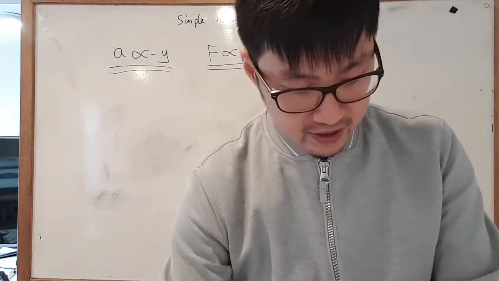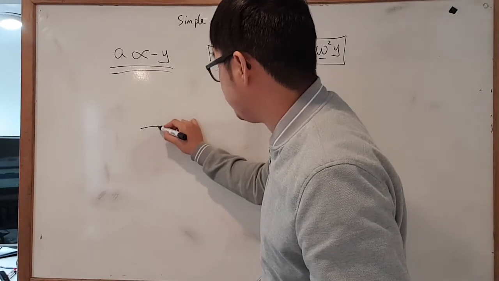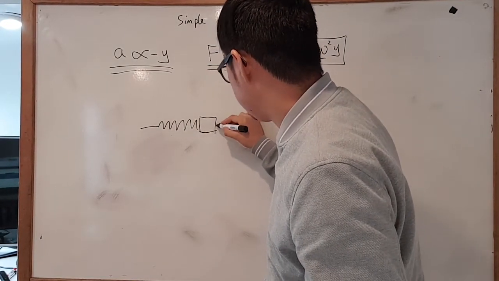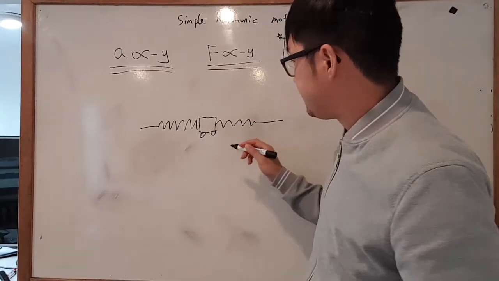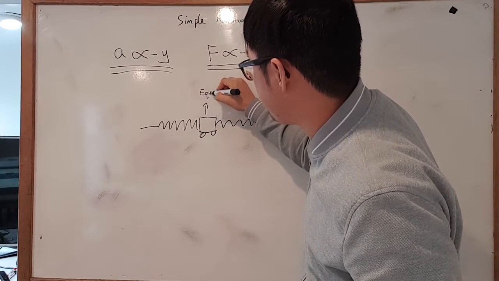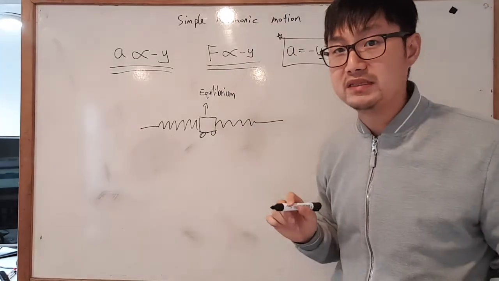So let's have a think, why does it match? Say we use a compound spring over here, with a little cart and another spring. Right now, this middle position, we give it a name, we call it the equilibrium position, okay?